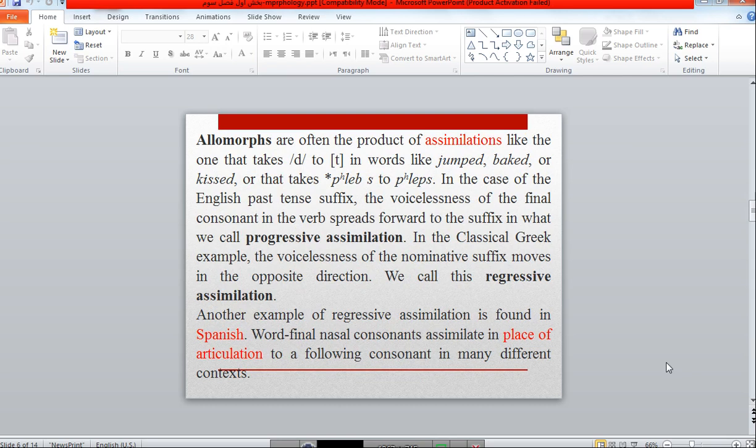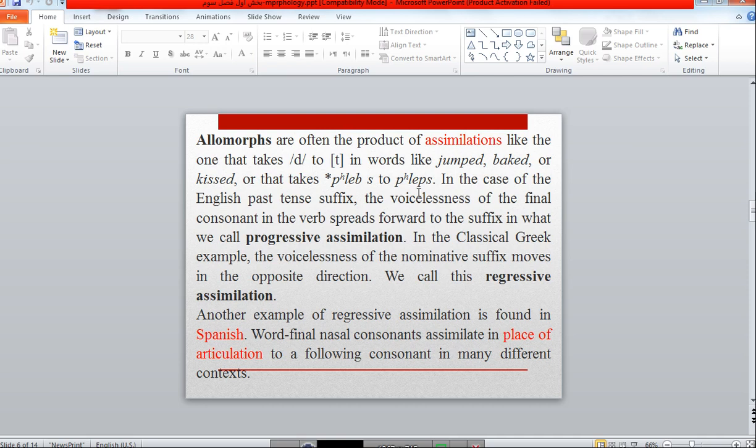So allomorphs are often the product of assimilation, like the one that takes d to t in words like, for example, jumped. We pronounce it t because p is voiceless, and because of assimilation we pronounce it t, jumped. Or baked, or kissed. Or like the previous Greek example, plebs.